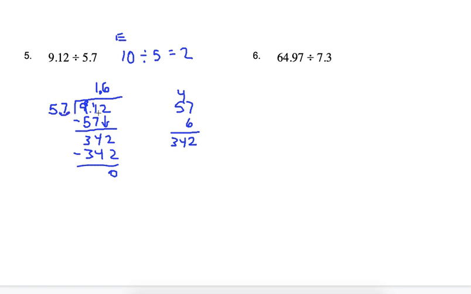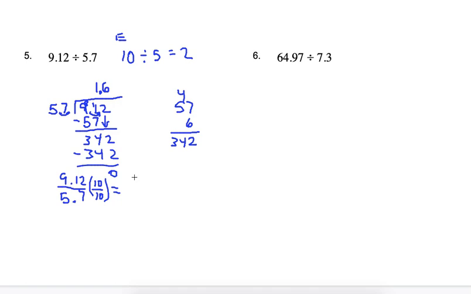The way we do that is if we multiply both of these by 10, if you think of these as fractions, because division can be written as fractions, 5.7 over 9.12. If you think of these as fractions and we multiply them both by 10 over 10, what we call a giant 1, that doesn't change the value of the fraction because 10 over 10 is 1.